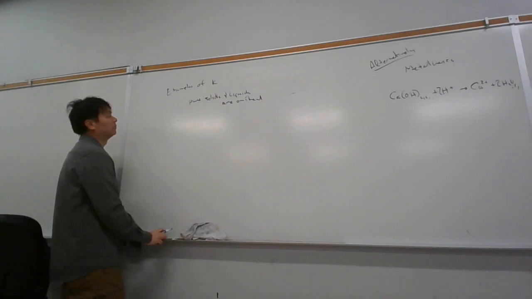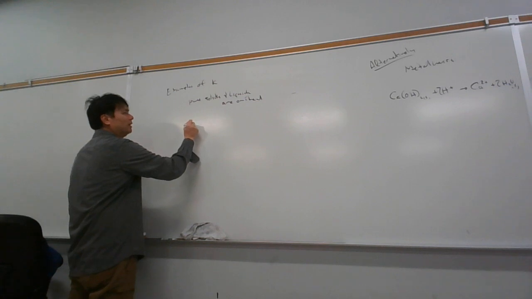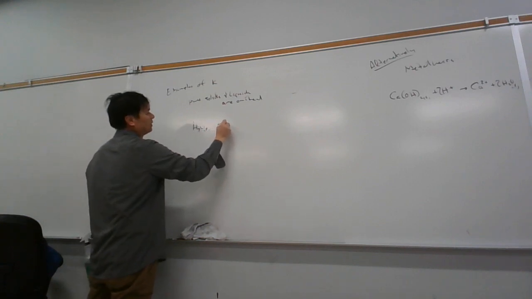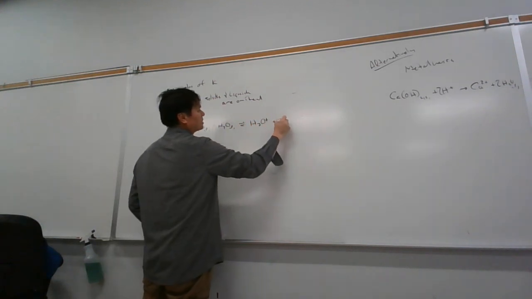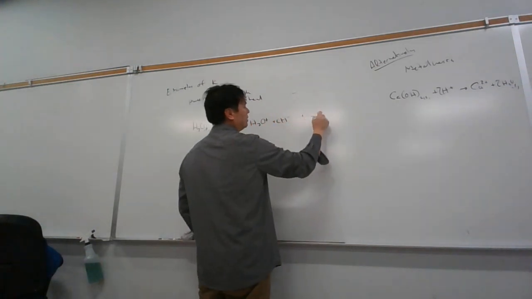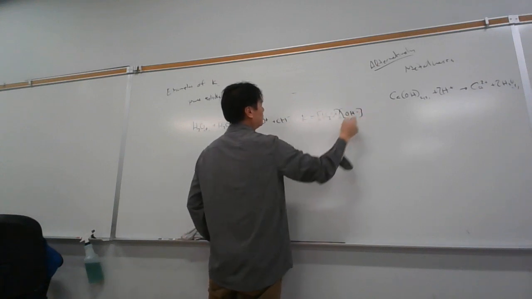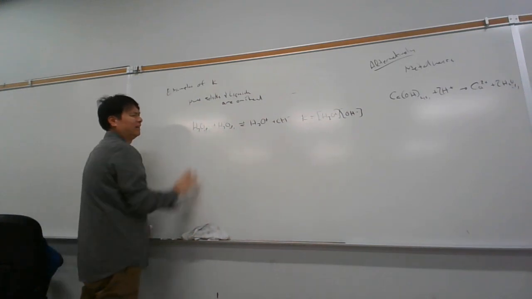Anyway, if we have H2O liquid plus H2O liquid, this gives us hydronium and hydroxide. And K is equal to the hydronium ion concentration times the hydroxide ion concentration. This is the famous Kw. There's the liquids we ignore.